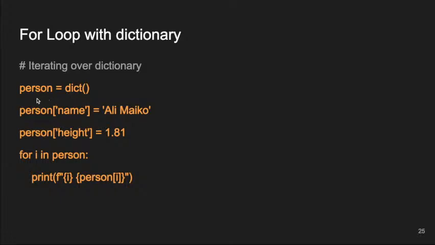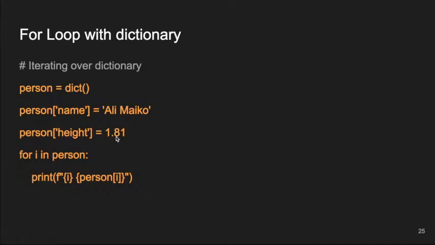All right, and then just like how you update a list, here we are updating this person dictionary. So we have a new key called name, and then we are assigning this name Alimeiko to this key. All right, and then the height is also a new key.